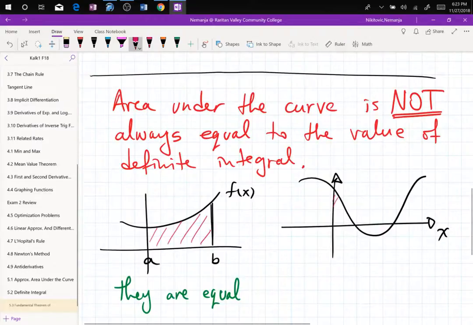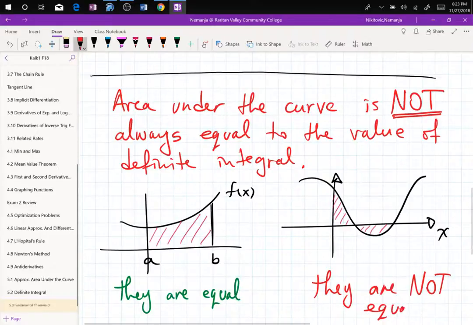And I'm looking, let's say, for this in red, they are not equal. Because the part of the function that goes below the x-axis is creating negative area, it will subtract from this part, and then the total net area here would not be how much we shaded.